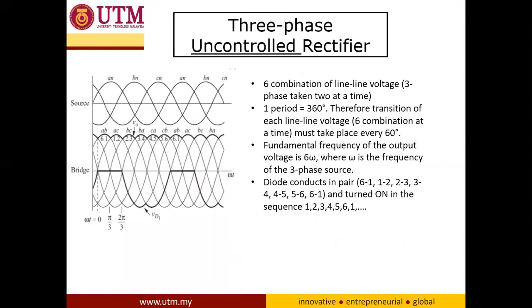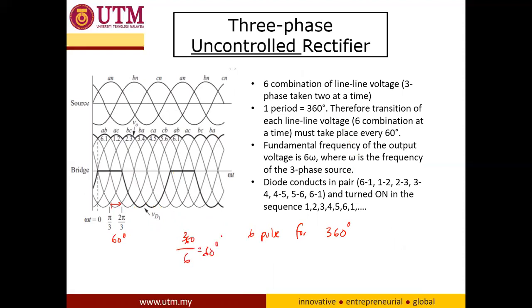Since there are 6 pulses for one cycle, which is 360 degrees, one pulse is actually 60 degrees, because 360 over 6.